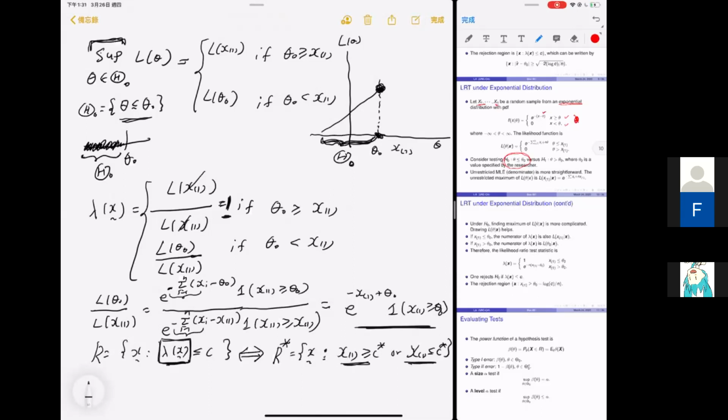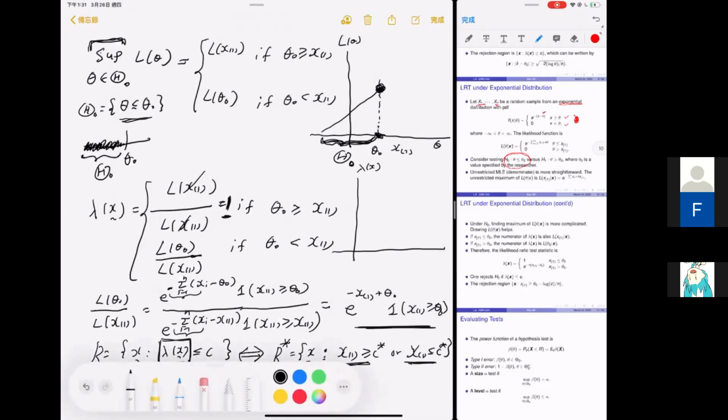I'm going to decide on one of them. Okay, then that means I need to find that equivalent region of lambda x. Then theta right here. Oh, no, it's not theta. It's x1 right here. Okay, so look at lambda x right here.